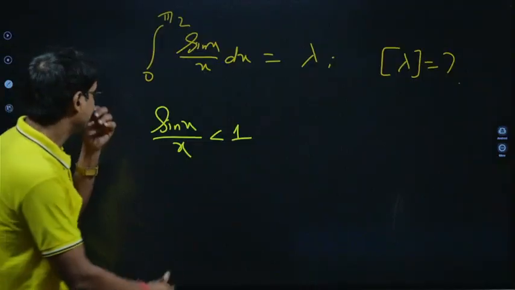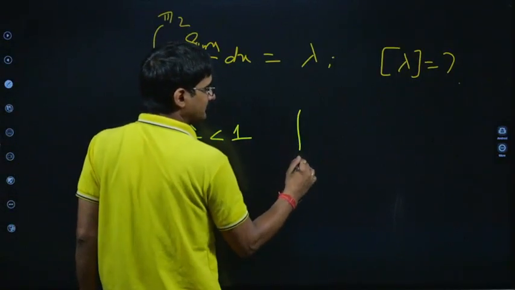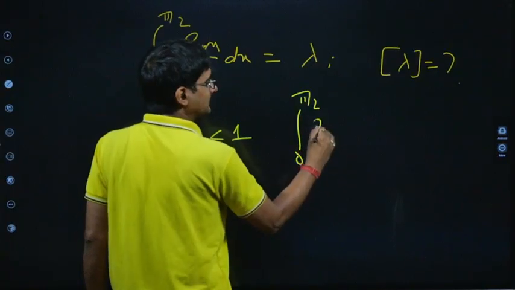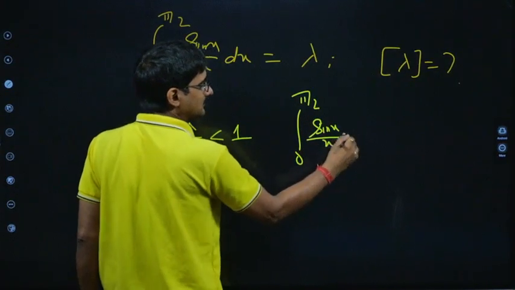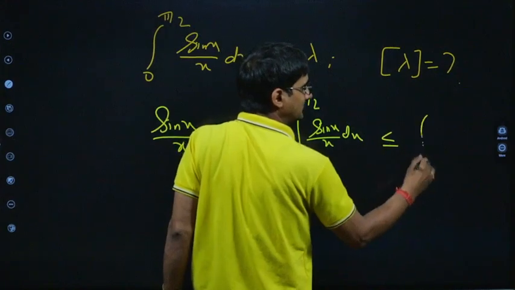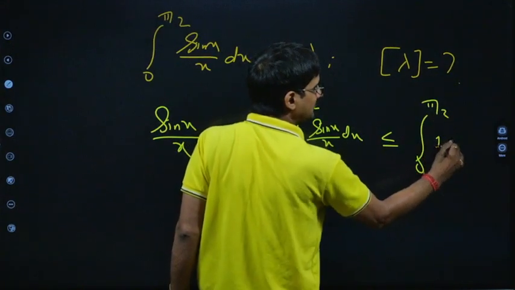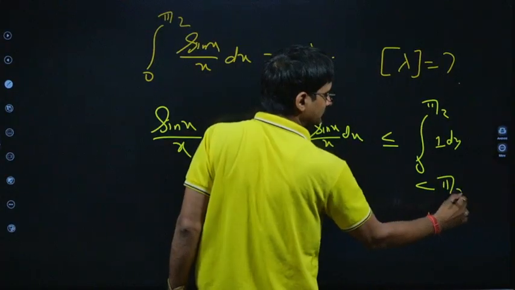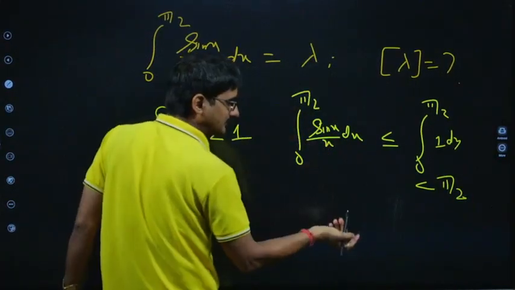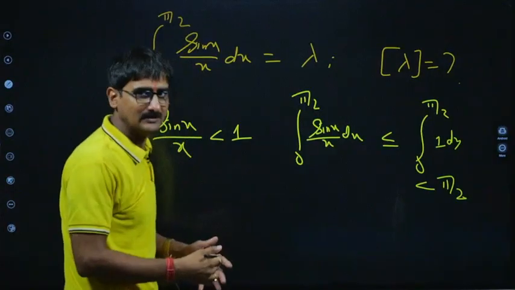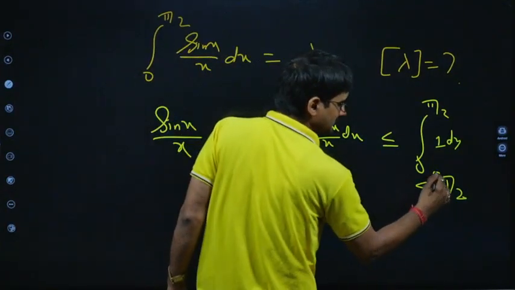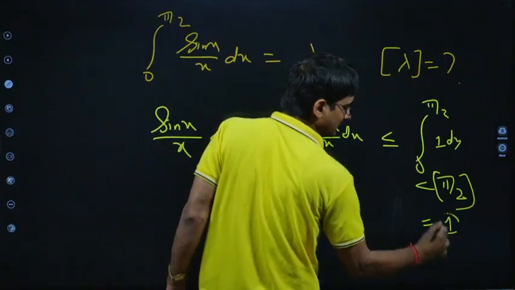So we can write that this integral is less than or equal to the integral from 0 to pi by 2 of 1 dx, which is pi by 2. So even if it's delta, the greatest integer of this can be 1 here.